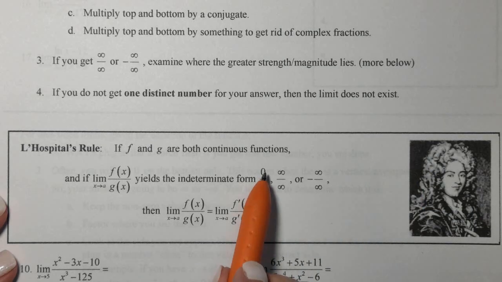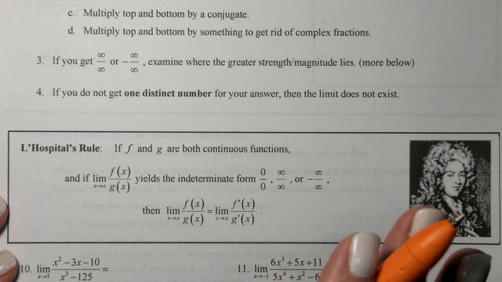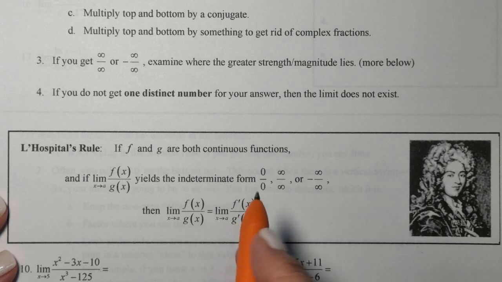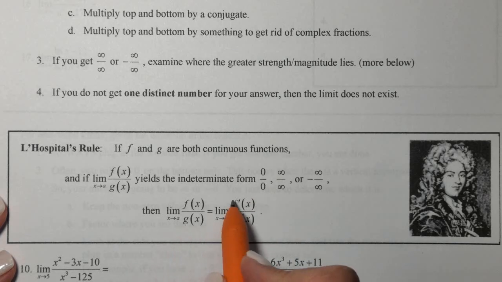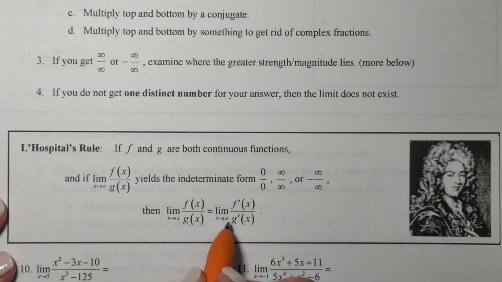But it has to be either 0 over 0 or infinity over infinity. Those are the only types of functions that you can use L'Hopital's rule on. And if you do get that, then all you do is take the derivative of the top and the derivative of the bottom, and then take the limit of that, same x value, of course. Okay?